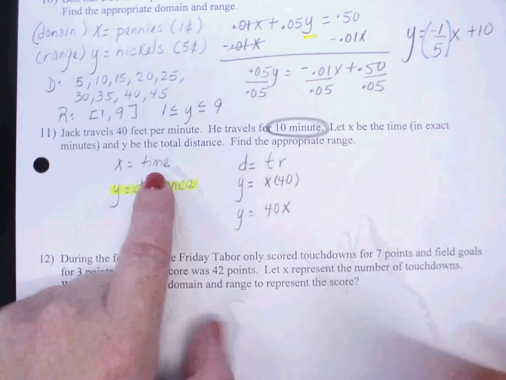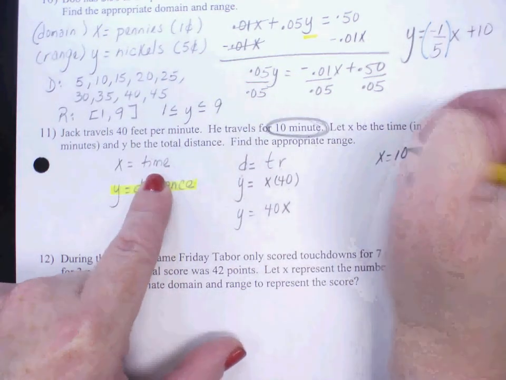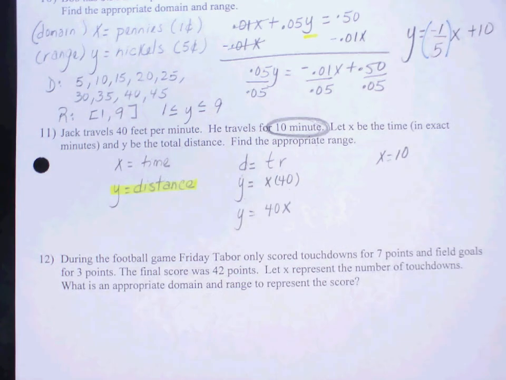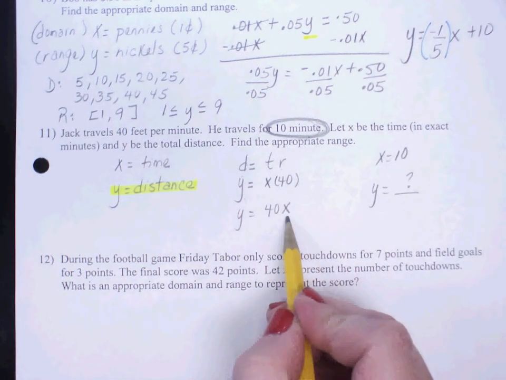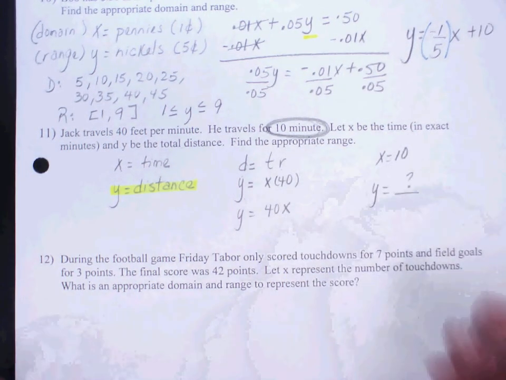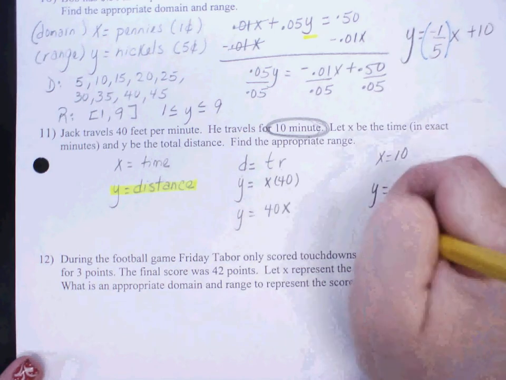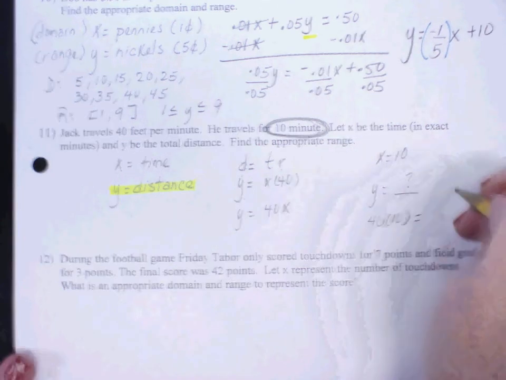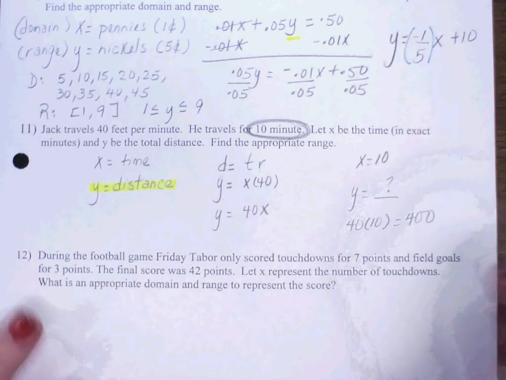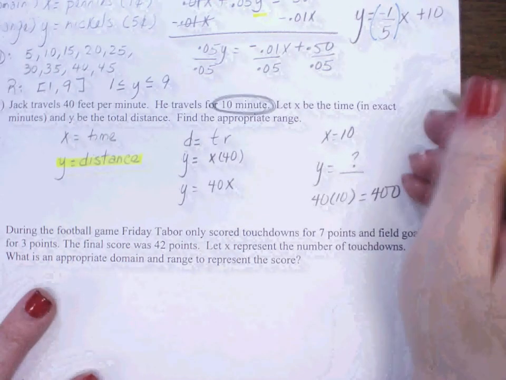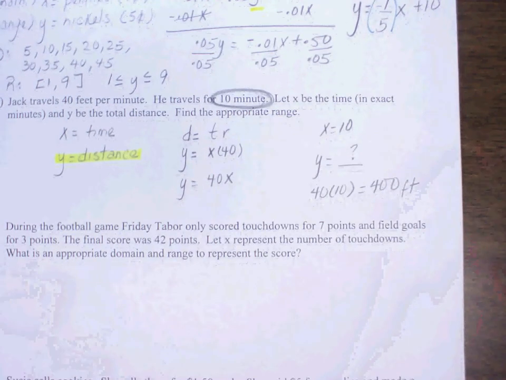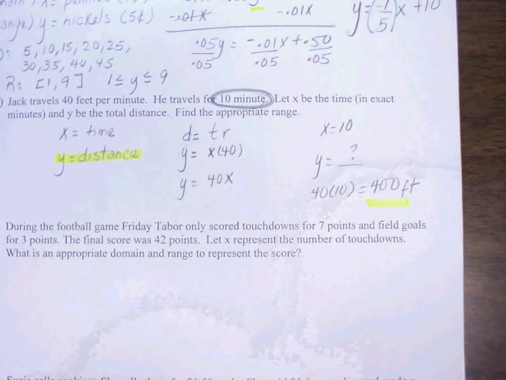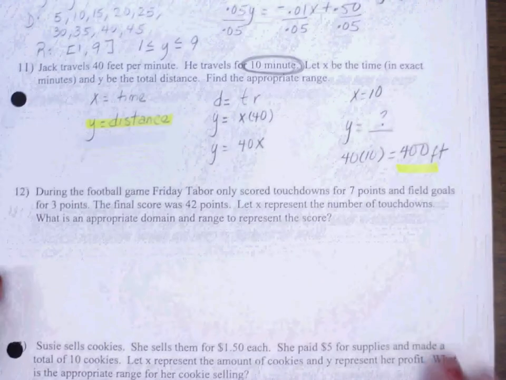Because X is what? Time. So if X equals 10, what is Y, right? That's what it's asking you. Then 40 times 10, which is what? 400. You guys just complicate your lives way too much. And that would be feet? Are we good?